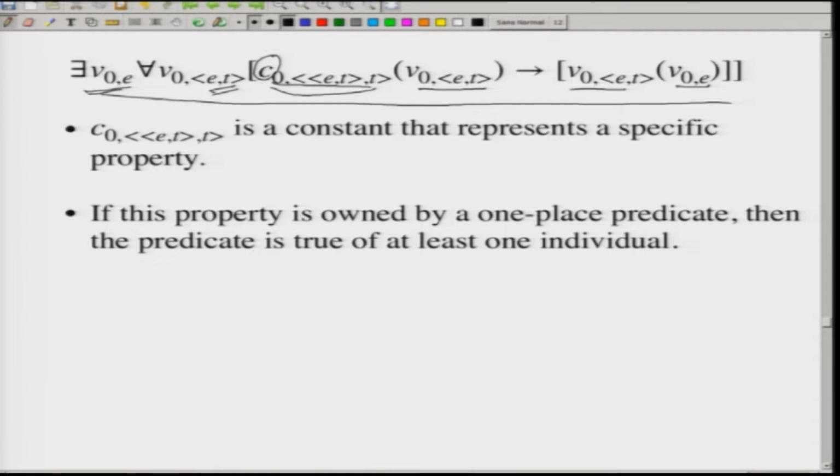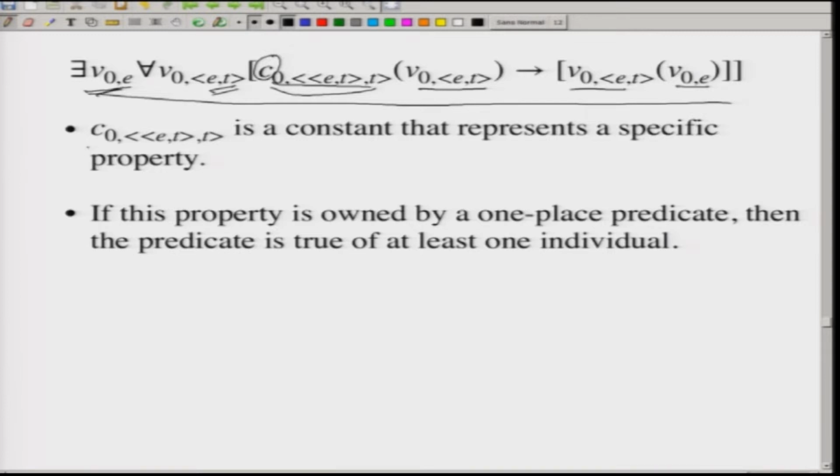Now, it is something like saying that there must be at least one entity V0E, one entity such that... the language always becomes complicated here, we find it difficult to express this in English, but I'll try my best.